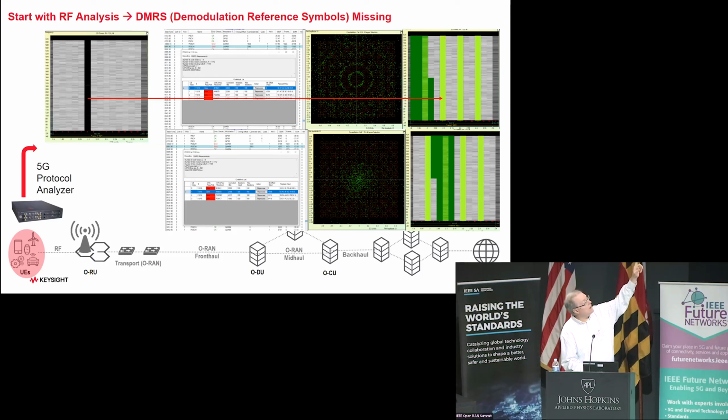And we can see on the left, the data is completely absent. Light gray scale there means there was energy, dark gray scale means there's no energy. And so the reason this CRC failure happened is because we were missing those DMRS tones, which are basically the reference symbols to help decode and do channel estimation training.